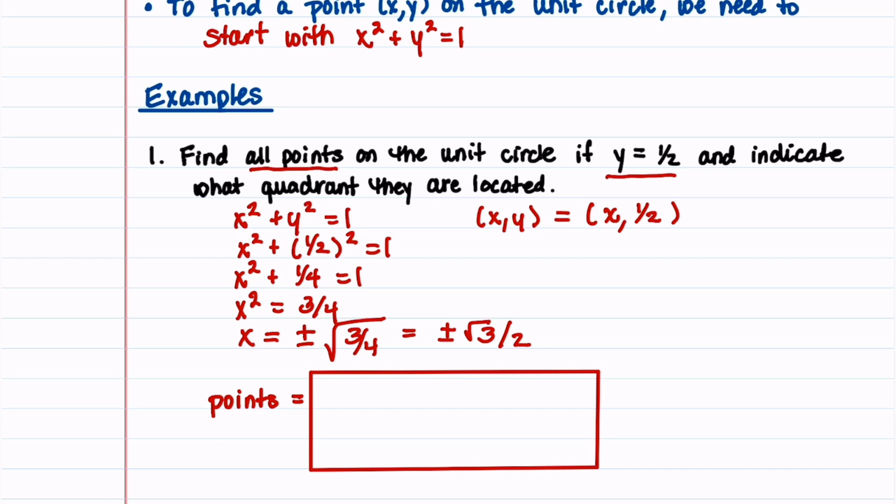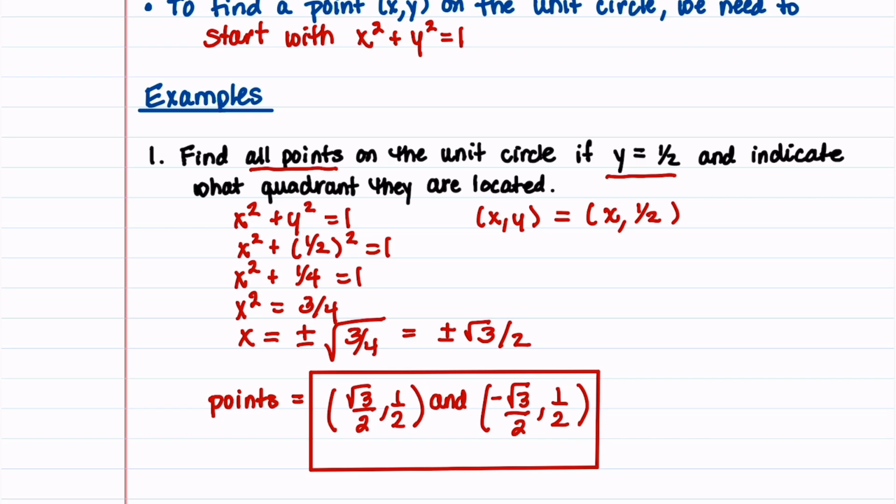So our first point will be (square root of 3 over 2, 1/2), and then our second point will be (minus square root of 3 over 2, 1/2).